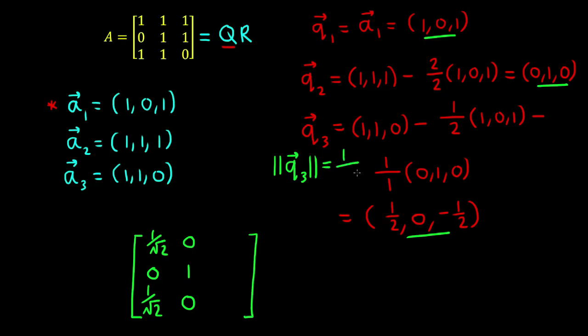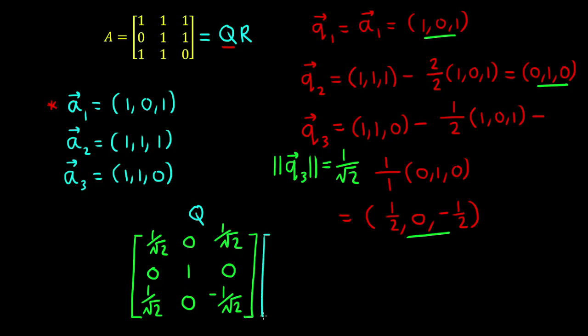So that gives a norm of 1 on root 2. Dividing a half by 1 on root 2 gives root 2 on 2, which is the same as 1 on root 2. And then we have 0, and minus a half on 1 on root 2 is minus root 2 on 2, or minus 1 on root 2. So that's our Q matrix of orthonormal vectors.